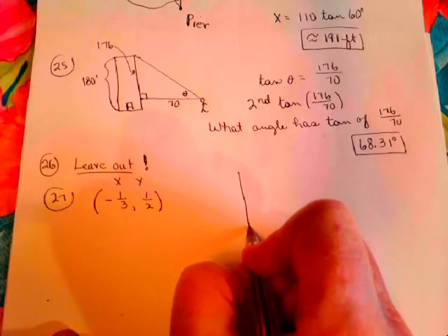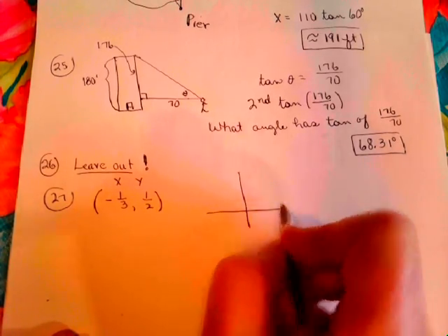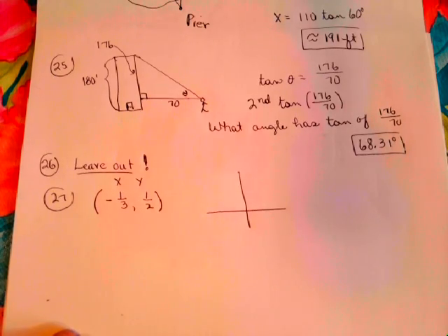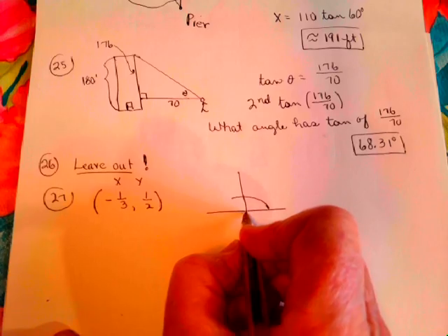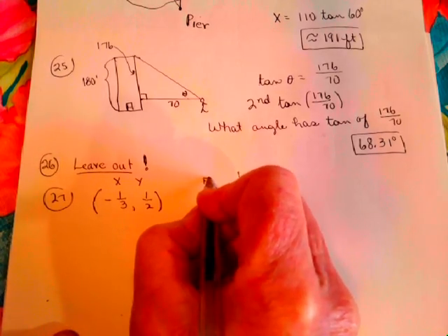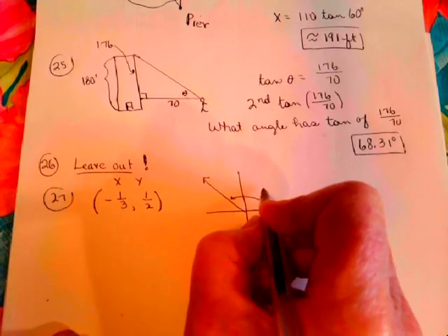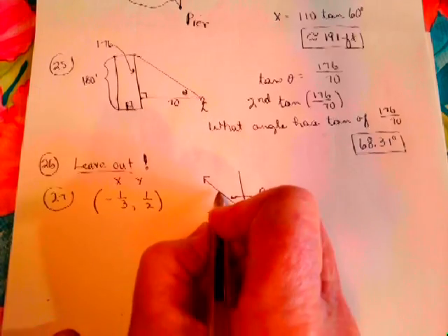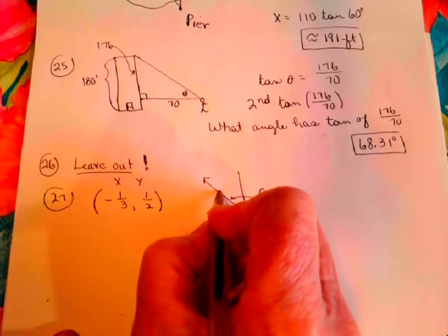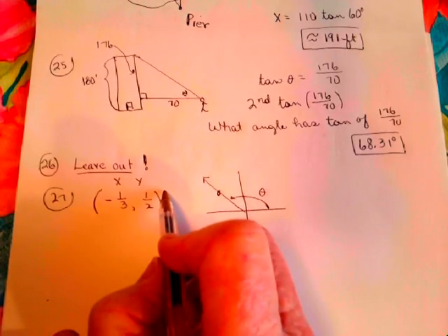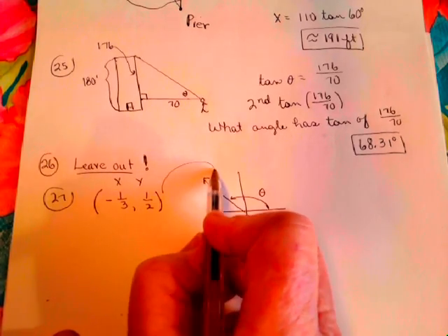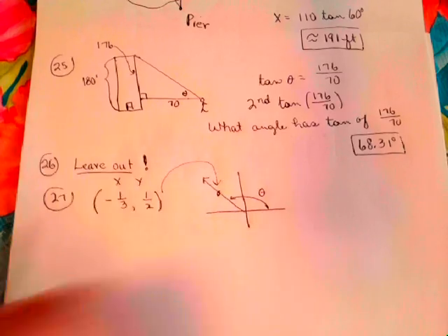When I draw that angle, I know that the terminal side of that angle will be in quadrant 2, because in quadrant 2, x is negative and y is positive. There's theta. Some point on that line is this negative 1/3, comma 1/2.